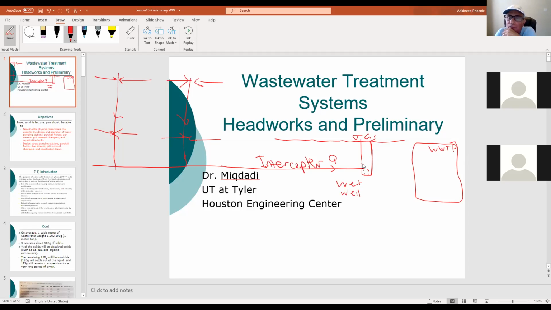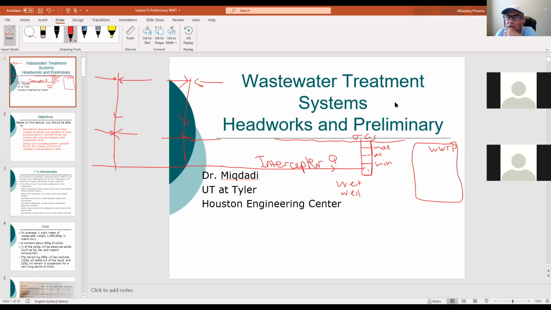So there is some kind of minimum, and let's say max, and somewhere an average if you want. Now, this elevation is below the elevation where your wastewater treatment plant is going to start.